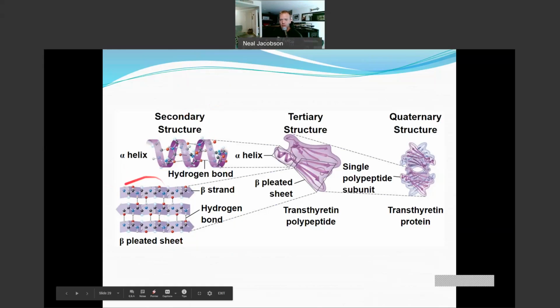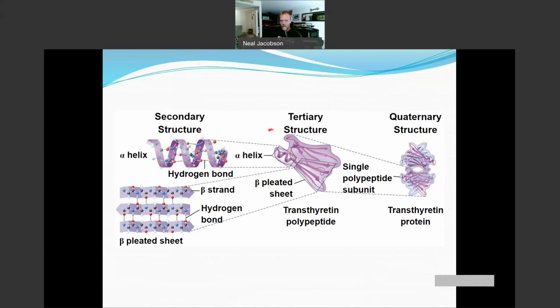Now keep in mind that you've got beads on a string. Not every single bead on that string is going to be part of one of these helixes or pleated sheets. Sometimes they'll just remain in their loopy, stringy state. And so it's the secondary structure interacting with elements from the primary structure, which is the beads on a string, that form the tertiary structure, which is the three-dimensional shape of the protein.